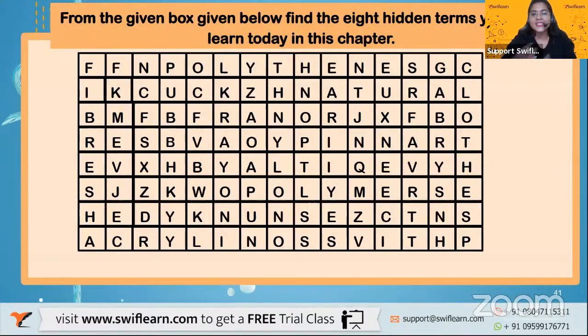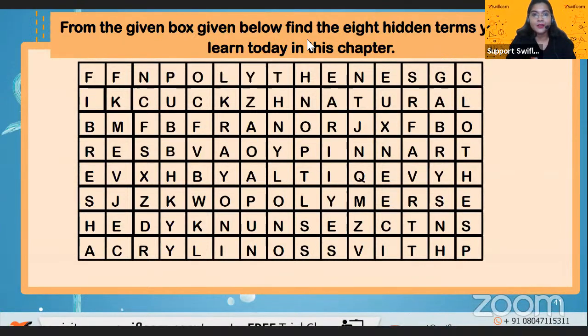Chalo, so let's play a game now. So find out some of the words. I guess 7 hidden words are there. Let us find out what are the hidden words in this box. Let me see. Quickly do it. I can find one. Okay.